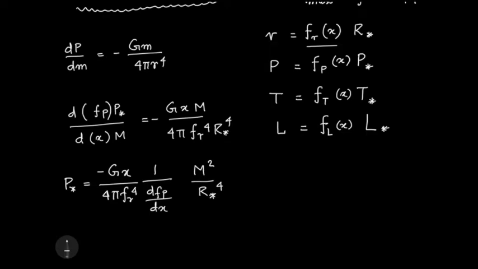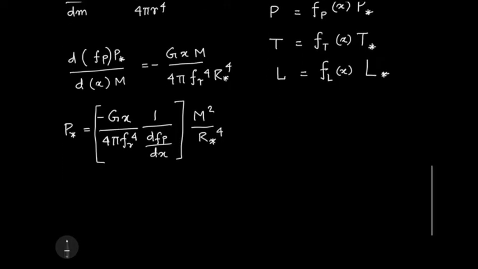Interestingly, G is a constant. Everything else is dimensionless in this square bracket. It's obvious that the number will depend on how F_p changes with x, but it will still be a number. So I can say that P star varies as M squared R star to the power minus 4.